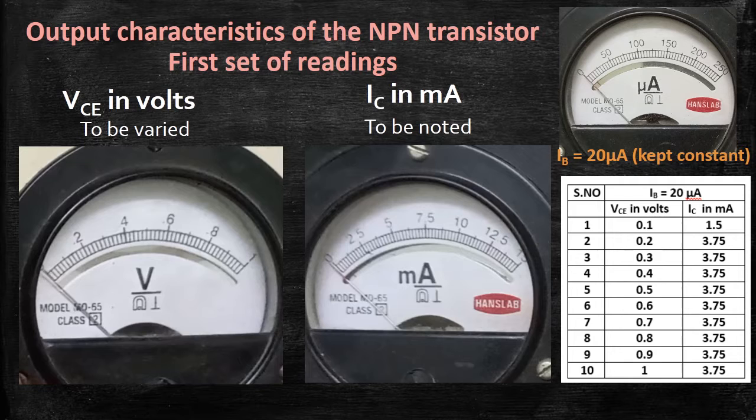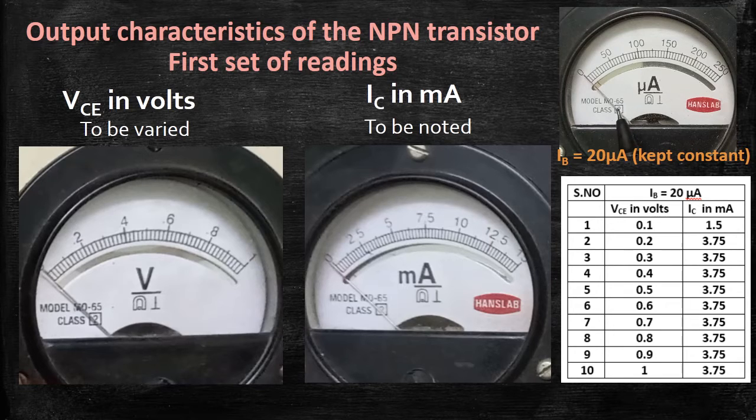Okay, but which one should be kept constant? The IB value. This is the microammeter in which IB can be read, and the IB value should be kept constant. Are you clear? Now, by adjusting the knob, first I am going to keep the value of IB as 20 microampere. Look at that.